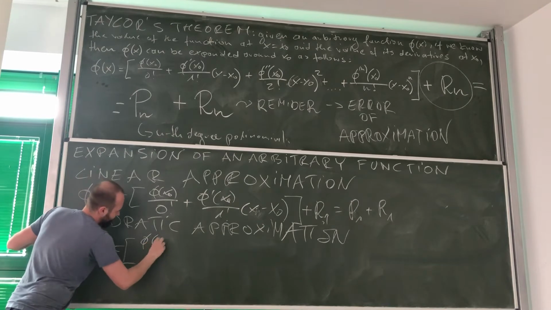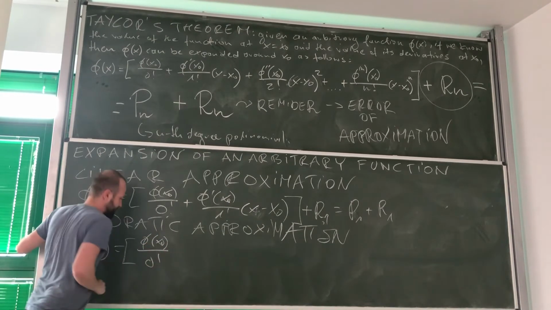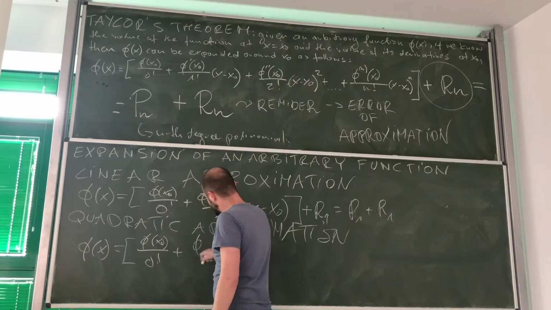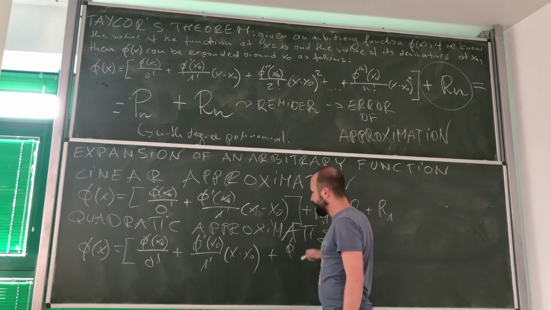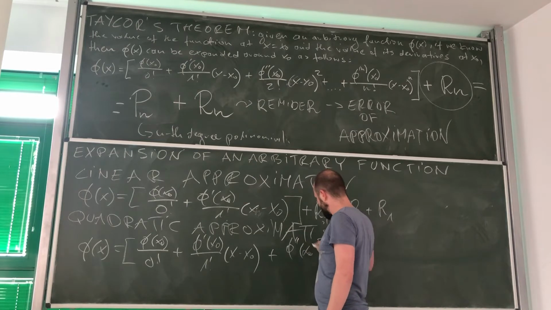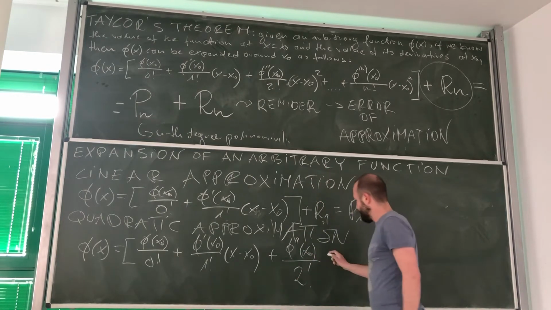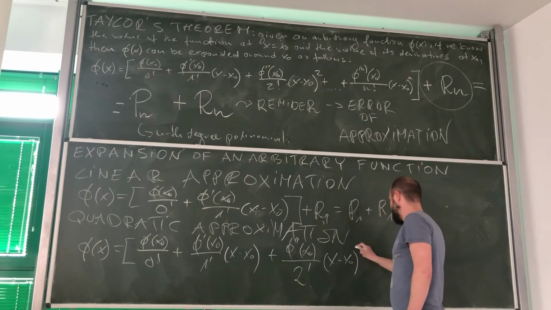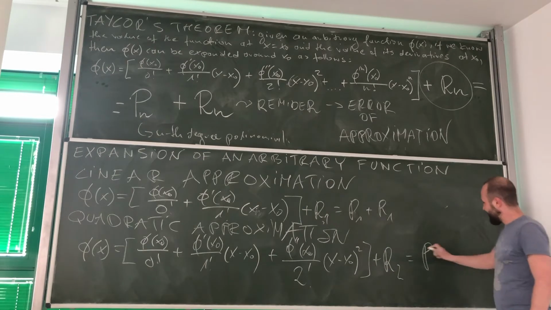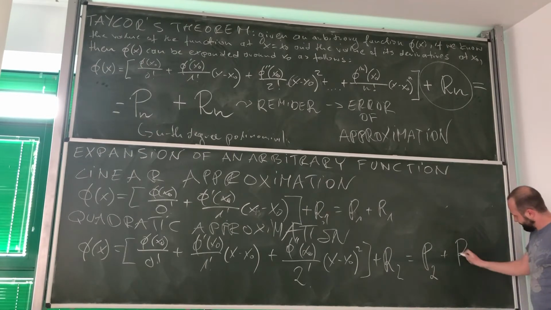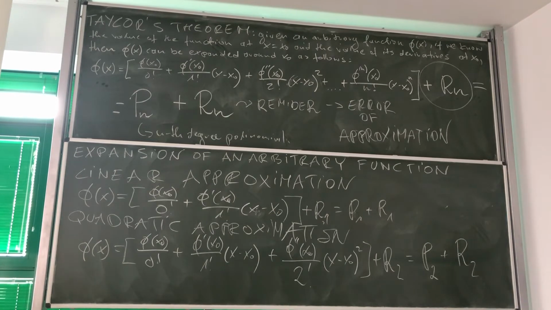We will have phi of x0 over 0 factorial plus phi prime of x0 over 1 factorial times x minus x0 and plus phi double prime of x0 over 2 factorial times x minus x0 squared. And of course this plus R2. So we've got a polynomial of degree 2 as an approximation and the remainder.